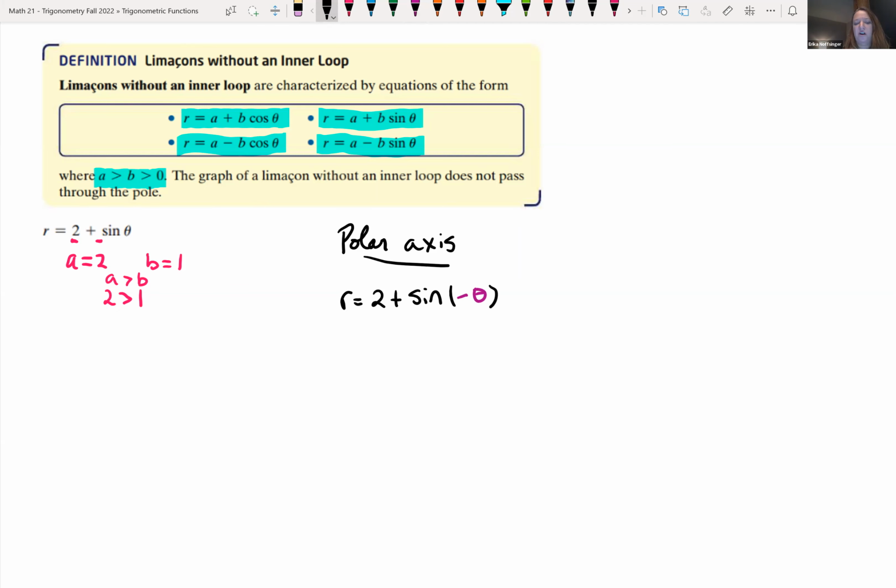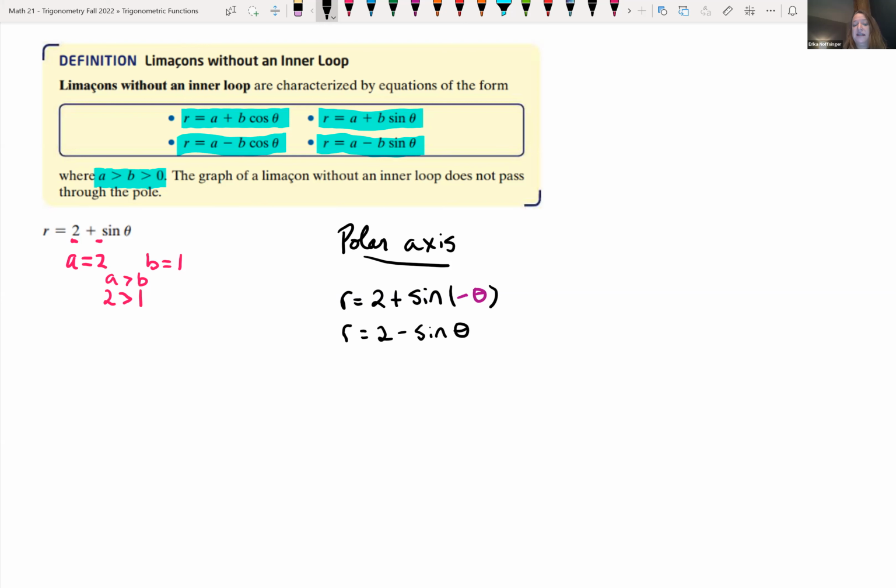If the equation r remains unchanged, then it would be symmetrical across the polar axis. I noticed that sine of negative theta is the same thing as negative sine theta. So rewriting this, I see that my equation is not the same. So this doesn't tell me that it's symmetrical across the polar axis. It's possible to still be symmetrical across that polar axis, but this test doesn't show me that it is.